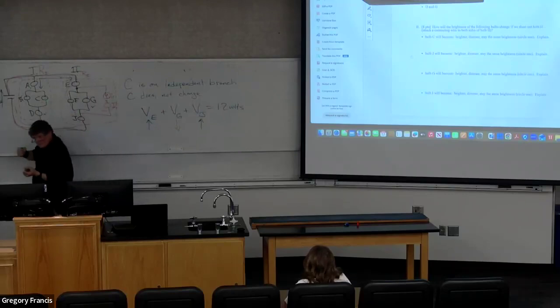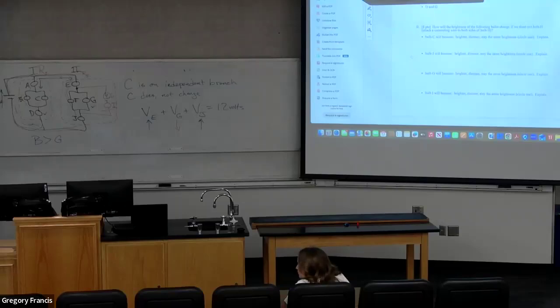The pressure difference is going to be the same on each branch, regardless of any changes to the other branch. Okay, so I understand what you're saying, but if we were to add an indicator bulb before branch 1, yes, that would make them not independent.